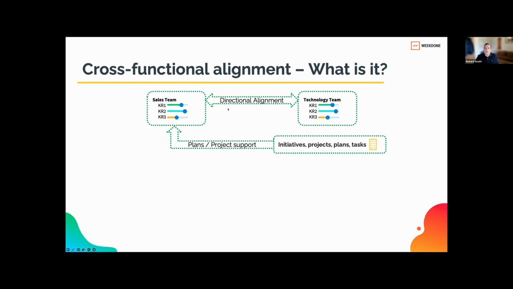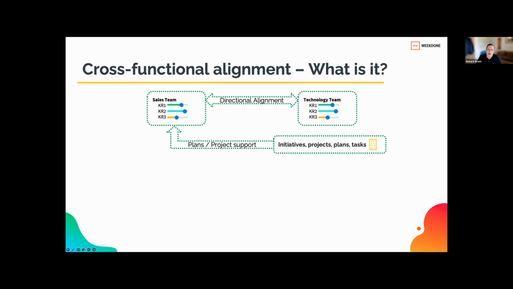Now, a lot of times what people often refer to is we have a team and we have dependencies on other teams. And the big question often is what is the dependency? Is it an initiative, plan, project, task? Does the technology team need to do something to drive the sales team forward? Sometimes it's not a huge element, meaning it shouldn't really be an OKR.